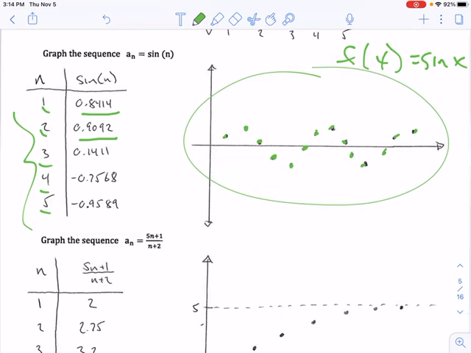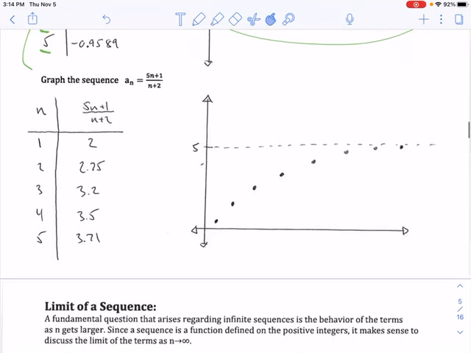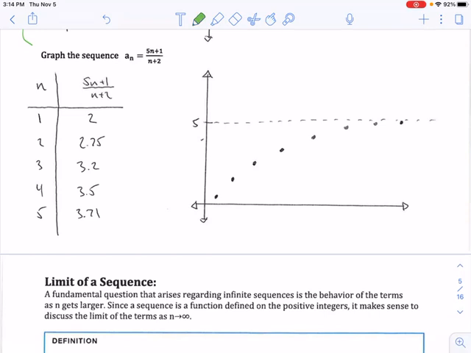And finally, the third one in my example here, (5n plus 1) over (n plus 2). Letting n be equal to 1, we get the output value of 2 for the first term of the sequence. When n is equal to 2, the second term of my sequence is 2.75, then 3, then 3.2, then 3.5, and 3.21.